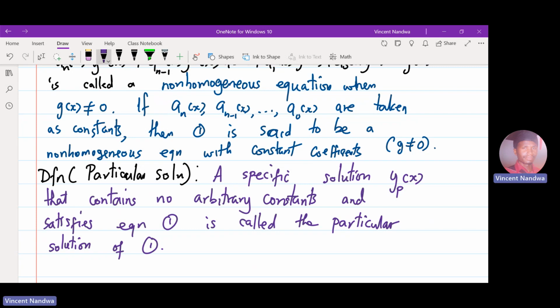So if there's a function y_p which satisfies equation 1 and is also missing arbitrary constants, then such a function is called a particular solution to that given differential equation.